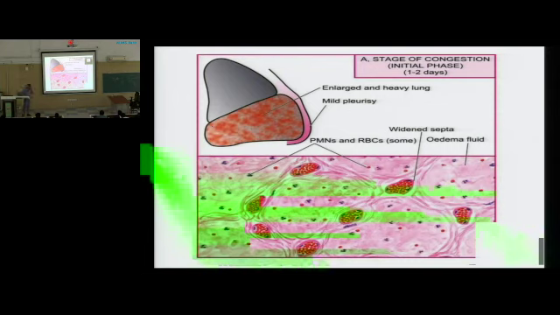So there are few polymorph neutrophils and RBCs, along with edema in the background, the pinkish color. Normal alveolar spaces are replaced by this fluid, and there will be some engorgement or dilatation of these pulmonary circulating blood vessels, filled with RBCs.